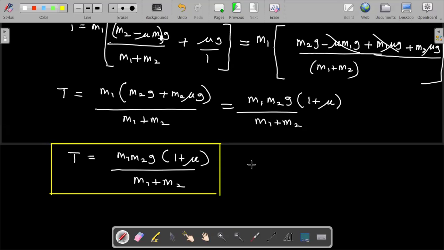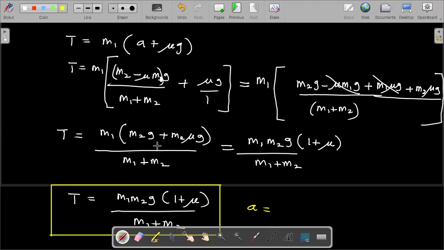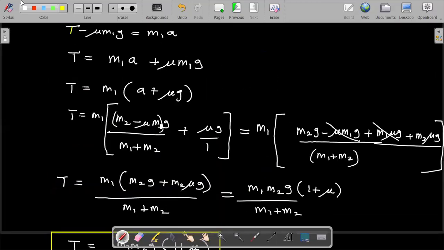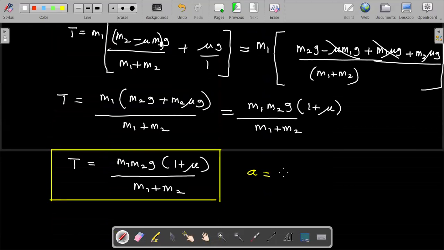This is for a case where our acceleration is m2 minus mu m1 into bracket g over m1 plus m2.